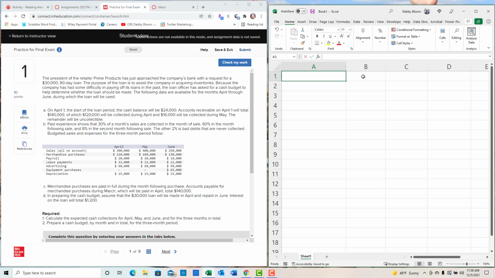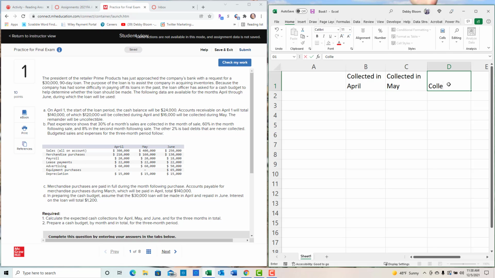So let's get started. Let's look at what's going to be collected in April. By the way, I'm hitting Alt-Enter to go to the second line. We're going to look at what's collected in May. And then I just hit Enter to accept the cell.